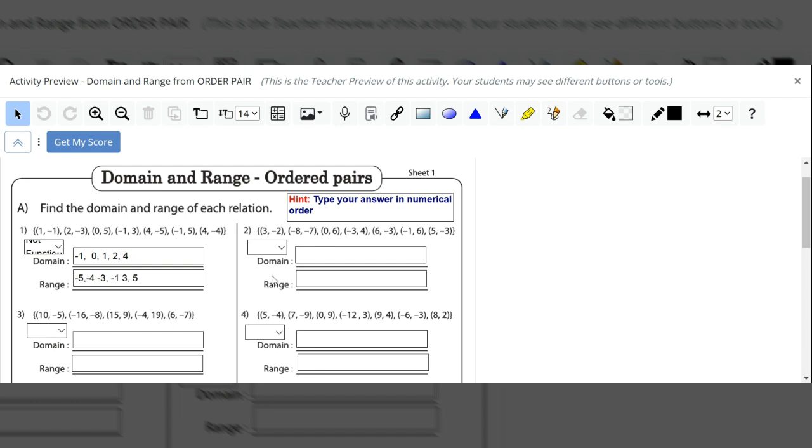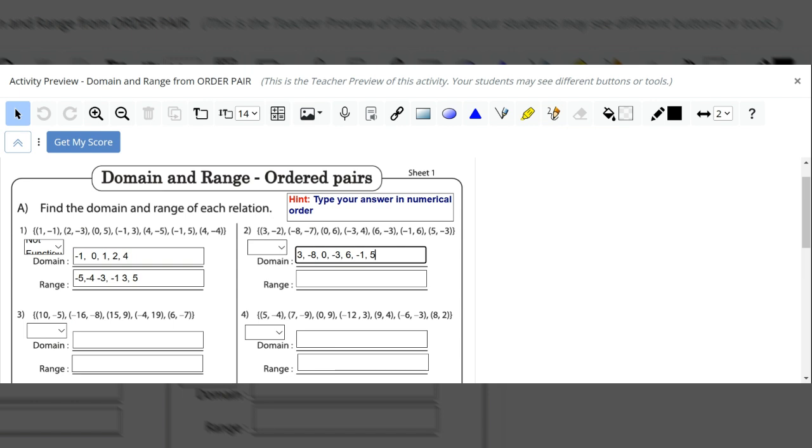Now, question number 2, we're going to do the same thing. We're going to verify the domains. The domains are the first numbers. Okay, let's start with that. 3, negative 8, 0, negative 3, 6, negative 1, 5.